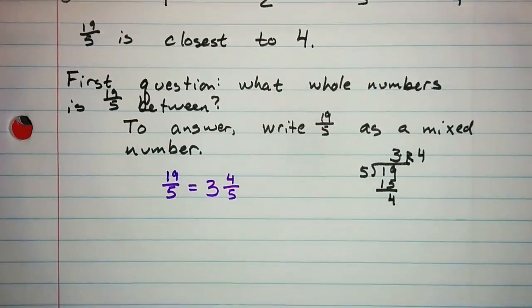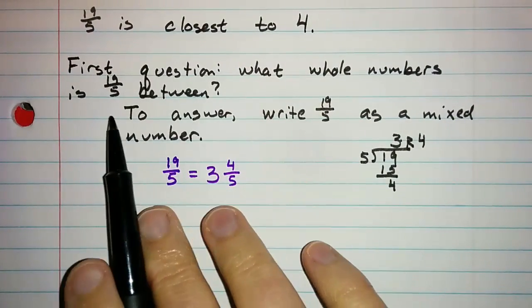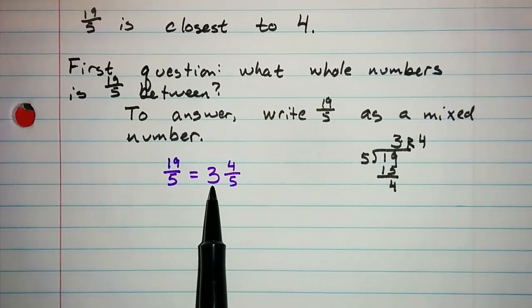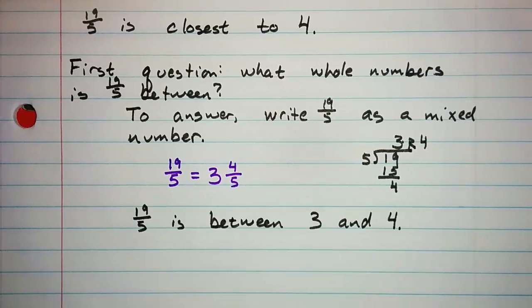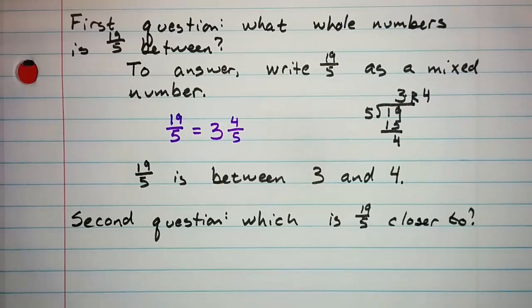So far, so good. What's the answer to my question then? 19/5 is between 3 and the next whole number, 4. But I don't want to round it only up or only down. I want to round it to the nearest whole number. So my second question is, which whole number is 19/5 closer to?